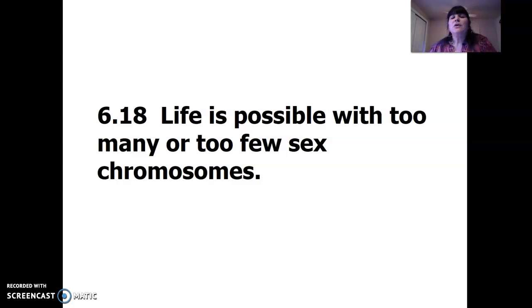Believe it or not, genetic abnormalities are a reason for a lot of miscarriages, right? There's a textbook that says like 50% of fertilizations, where the egg and the sperm meet, end up in miscarriage. And the reason why is genetic abnormalities, okay?